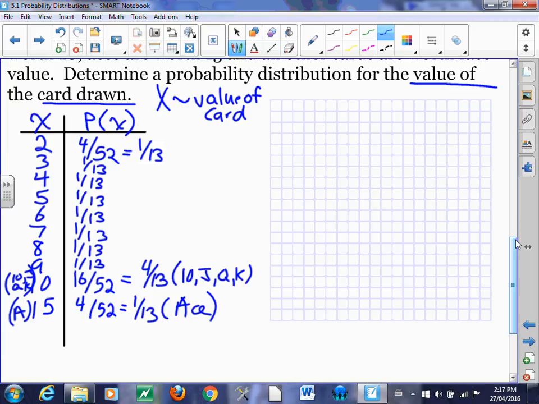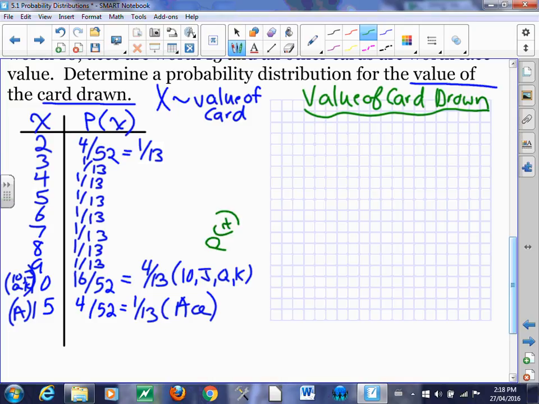All right, so folks, here's a case where our fractions are pretty common. You notice that they're all in 13ths, so then we can just do our graph in 13ths. Okay, so our title is going to be value of card drawn. Okay. Our probability related to whatever card we pick is going to be here, and our number of cards is going to be here.